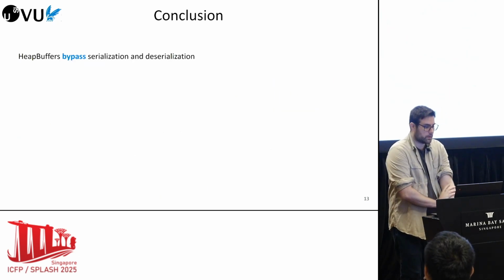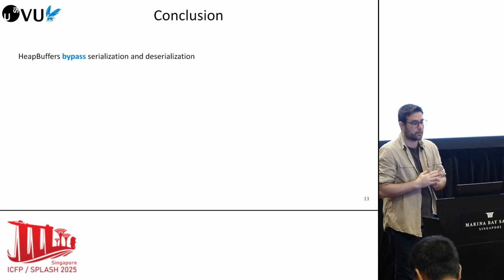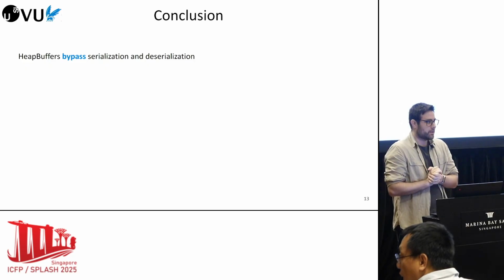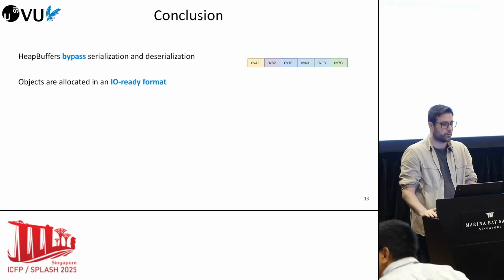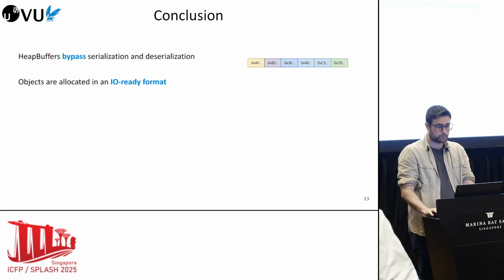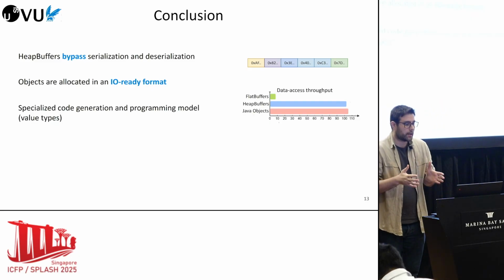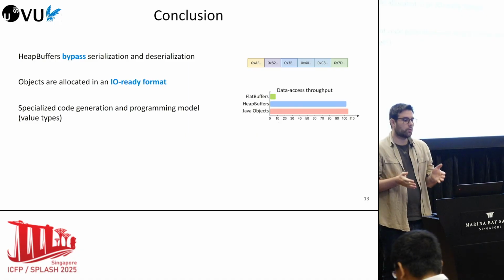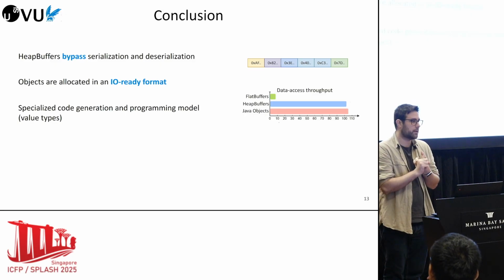To conclude, I presented HeapBuffers, an efficient serialization library that can bypass serialization and deserialization, and this is possible because objects are already allocated using an IO-ready binary format. We demonstrated how we can use specialized code generation to improve performance and also improve flexibility in the programming model.